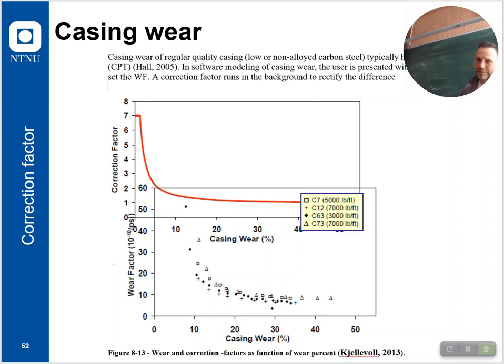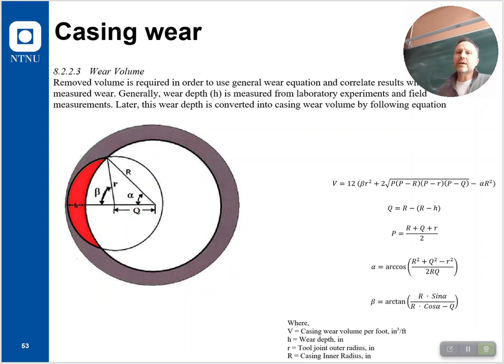Like, why is this so wrong and strange? Whereas for regular steel, it arrives between say 2 to 3 and up to 5 always. Whereas for 13% chrome, it flies all over. You get the extreme cases. And from the wear volume, you need to find the remaining wall thickness, and that's purely a geometrical calculation.